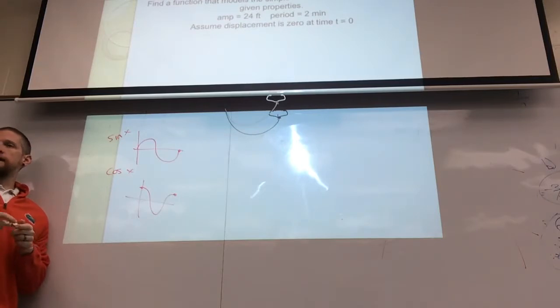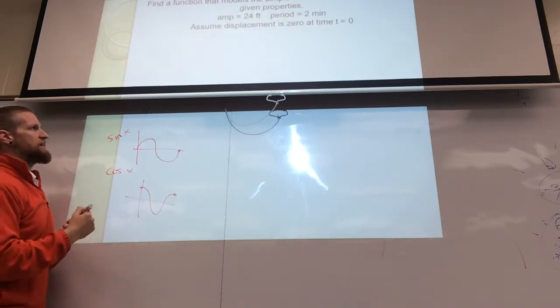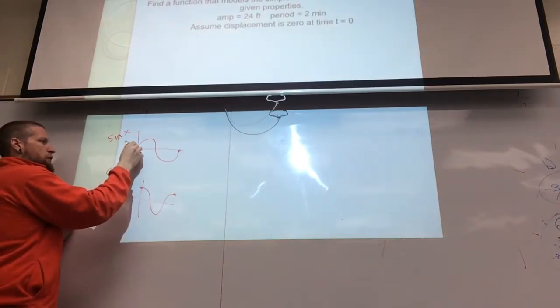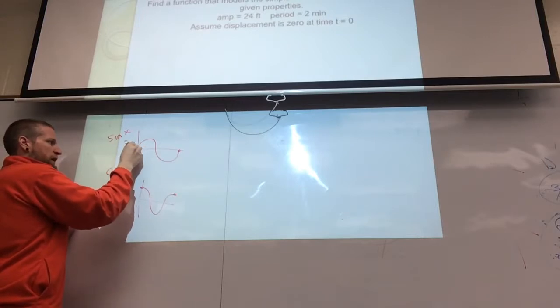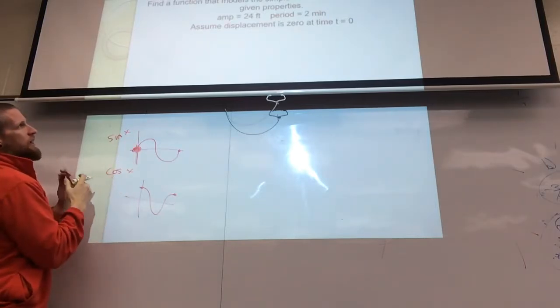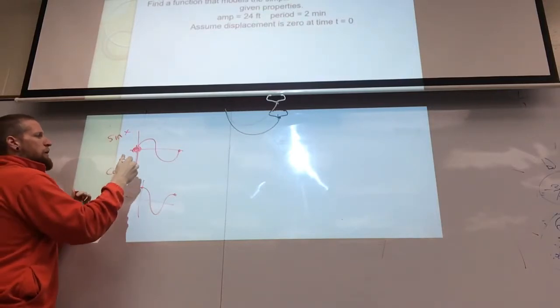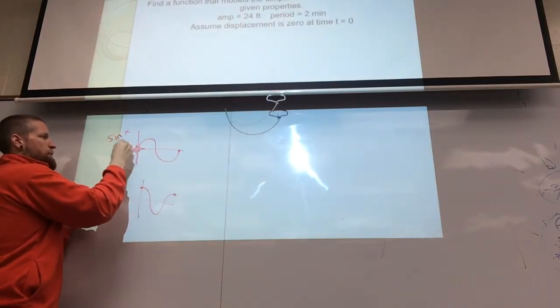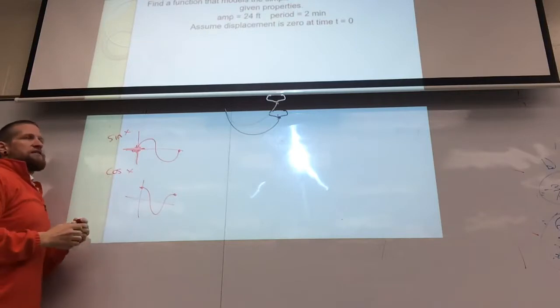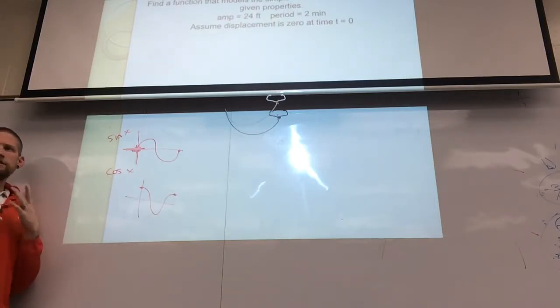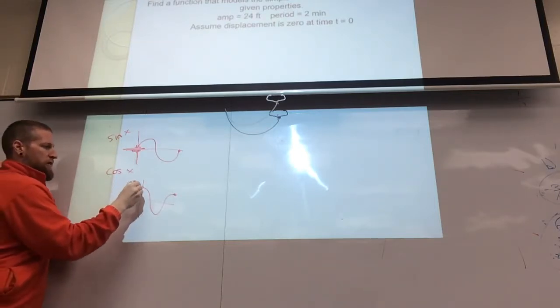So when I mean the last portion up there tells you what to pick, when it says here, assume displacement at 0. When they say at 0, they're saying at this point right here. When it's saying displacement is 0 at time t equals 0, they're saying that it's starting at the middle. If they said something like displacement was a maximum, that would be more related to this.